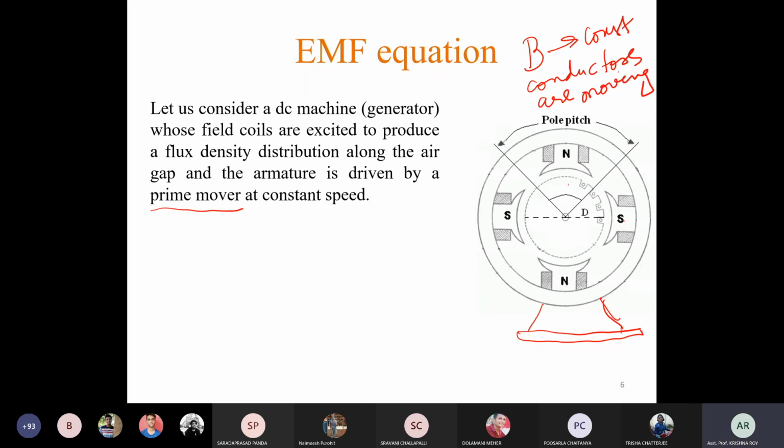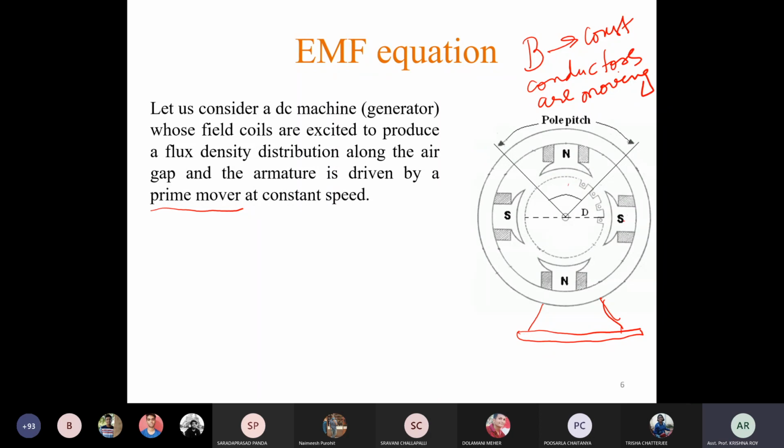We know that to induce some EMF in a conductor, we need some relative motion between the source of magnetic flux and the conductors. Either the source can move or the conductors can move, that is motional EMF.